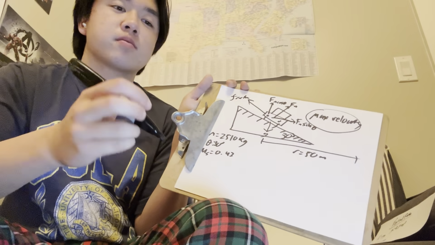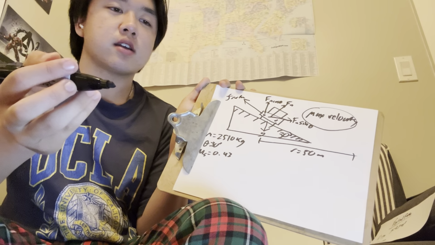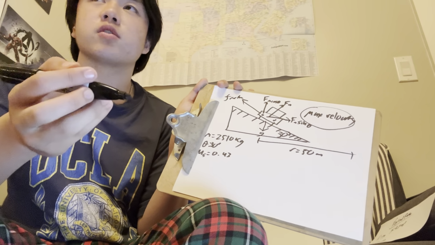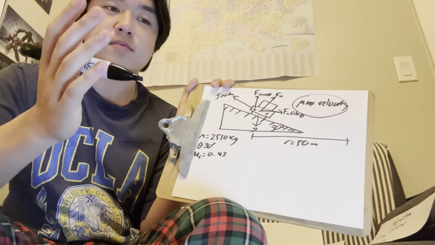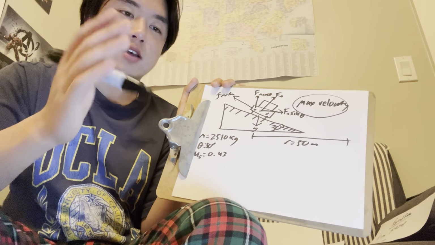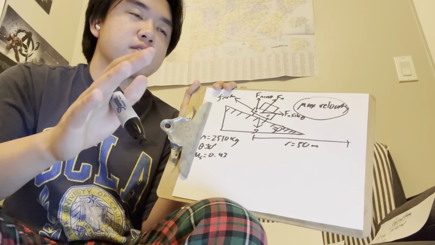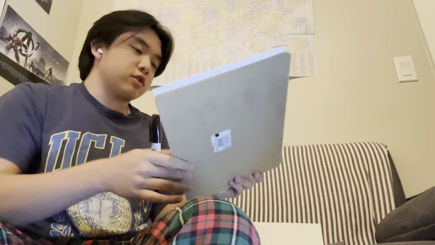But so friction is equal to the normal force, which we talked about earlier, which is just mg, times the coefficient of static friction. So friction is equal to normal force times the coefficient of static friction.